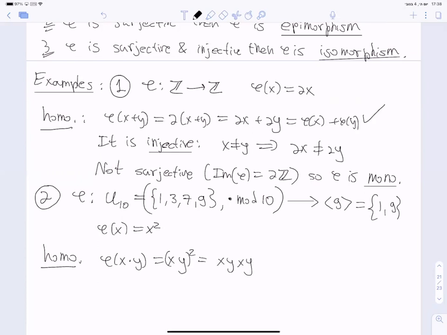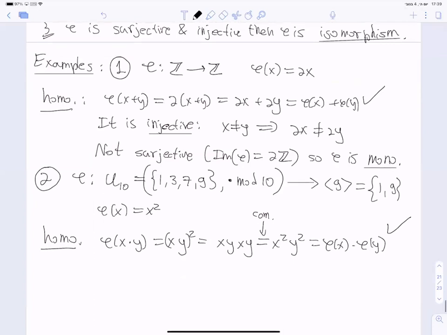Now, this group is commutative, abelian, because it's just multiplication. So it's actually phi x times phi y.